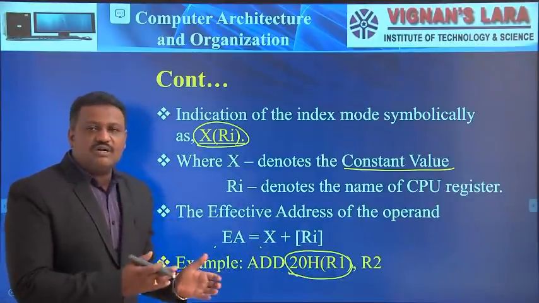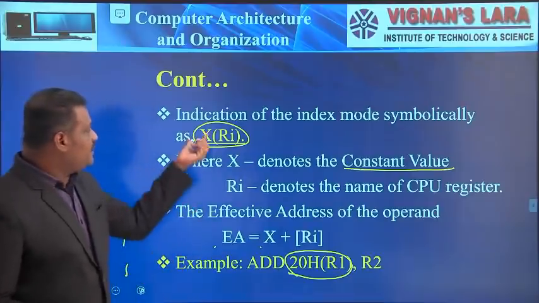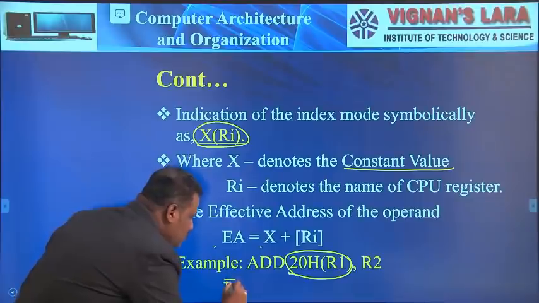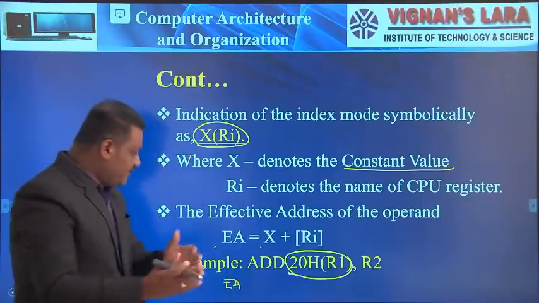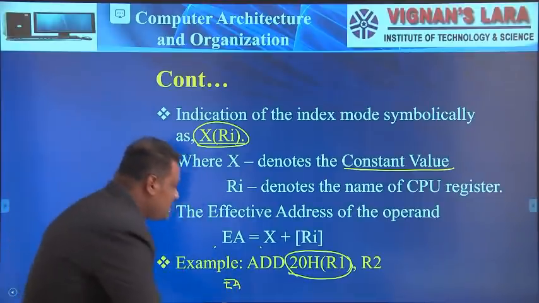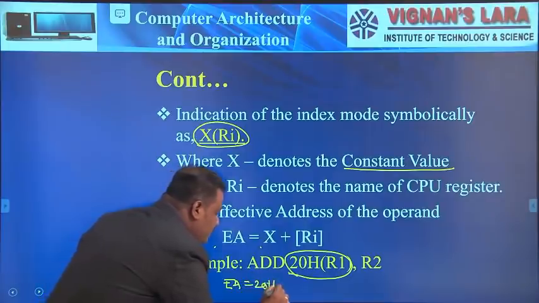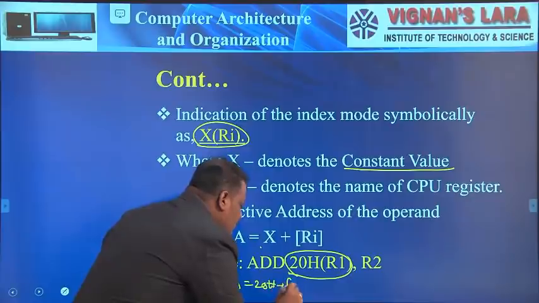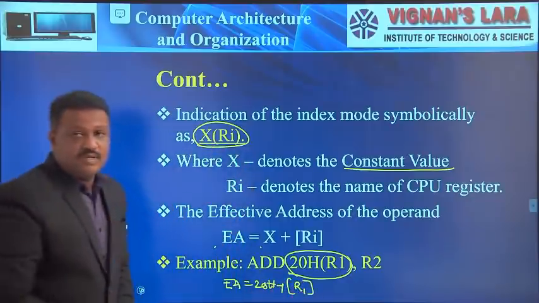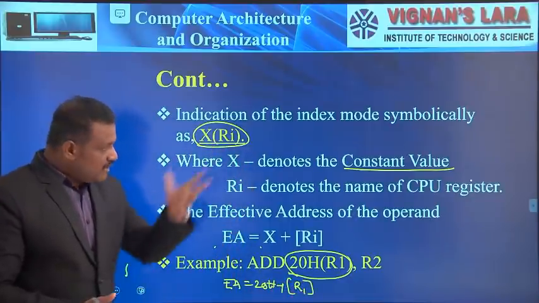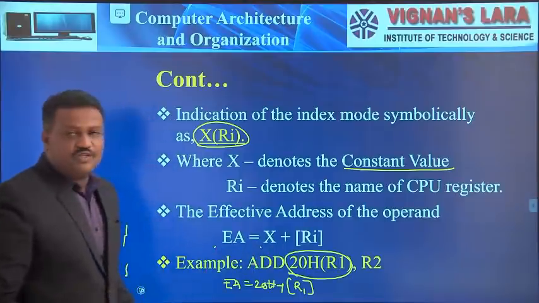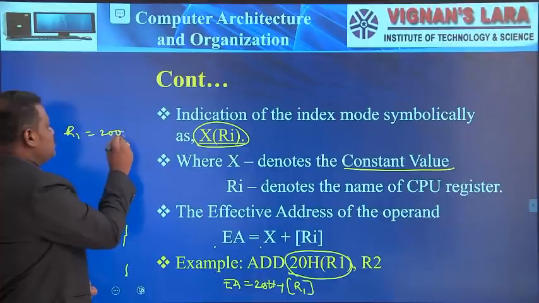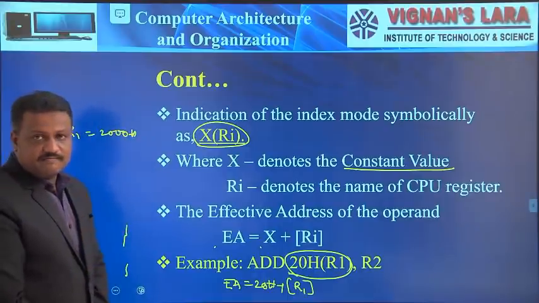So here I can calculate the effective address like this: the effective address of my data is equal to 20H plus the content of register R1. For example, before execution of this, the content of register R1 is again some 2000H. You can assume it like this.